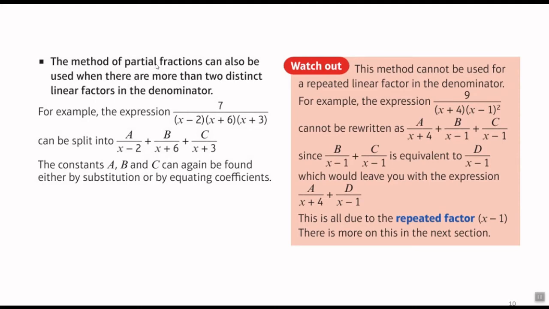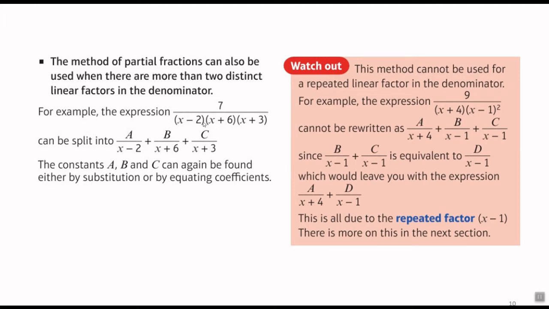The method of partial fractions can also be used when there are more than two distinct linear factors in the denominator. So we can have three distinct linear factors here: factor 1, factor 2, factor 3. So what is the general form?